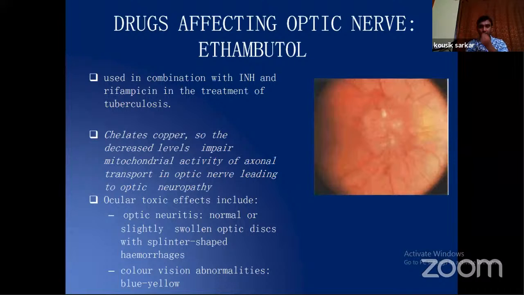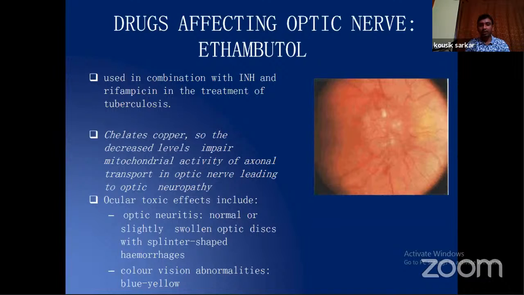Now, coming to drugs affecting the optic nerve, the first and foremost drug, as we all know, is the antitubercular drug ethambutol. It causes optic neuropathy or optic neuritis. The mechanism is that it usually chelates copper, so the decreased level causes impaired mitochondrial activity and axonal transport in the optic nerve, causing optic neuropathy or optic nerve damage.